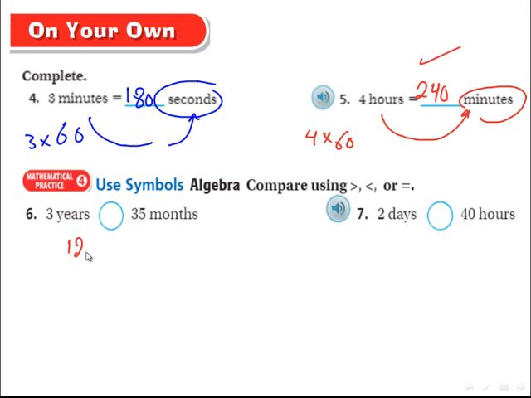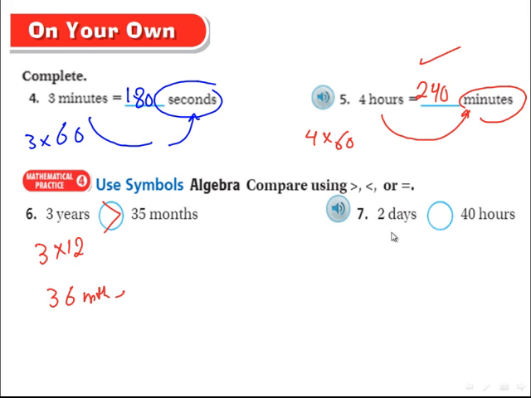There are 12 months. So you should multiply 3 by 12. 3 by 12 equals 36. And you have 35. Exactly, 36 months is greater than 35 months.